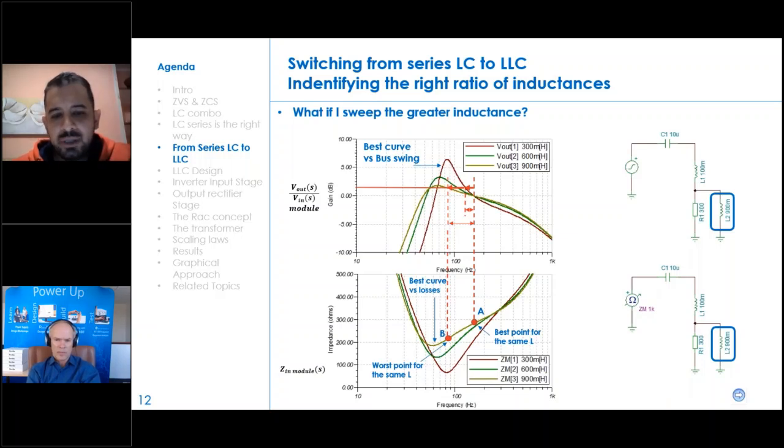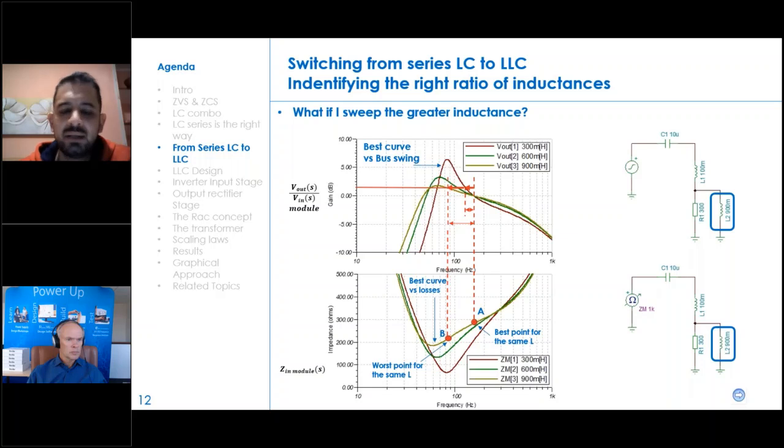Assuming to proceed this way, so by keeping the higher inductance ratio, so working with L2 here, 900 milli, so working with the yellow curve, we see how working near the higher resonance, the A point, that is this one, is identified as the best point because the impedance is higher than all the other cases.